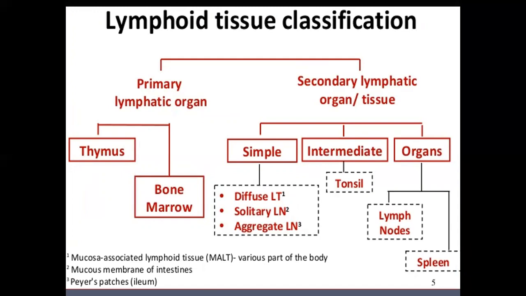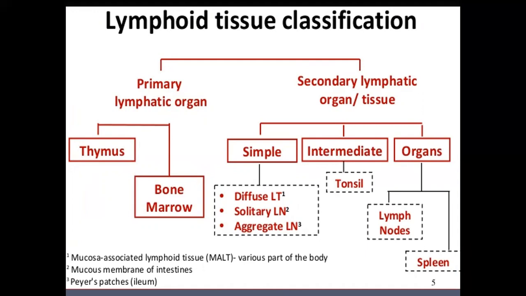Lymphoid tissue classification is going to be discussed in your histology classes, but as a general overview, I'm going to tell you that there are primary lymphatic organs and secondary lymphatic organs. Primary lymphatic organs are present before birth, like thymus and bone marrow.